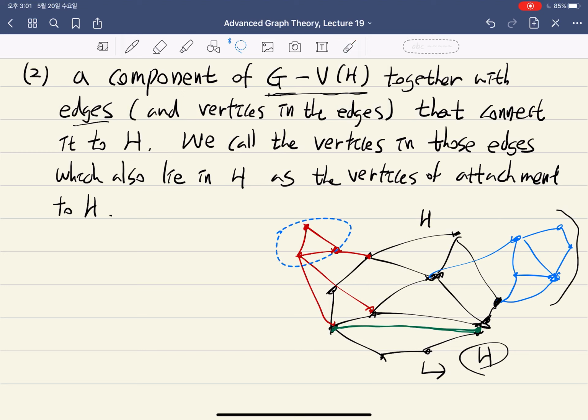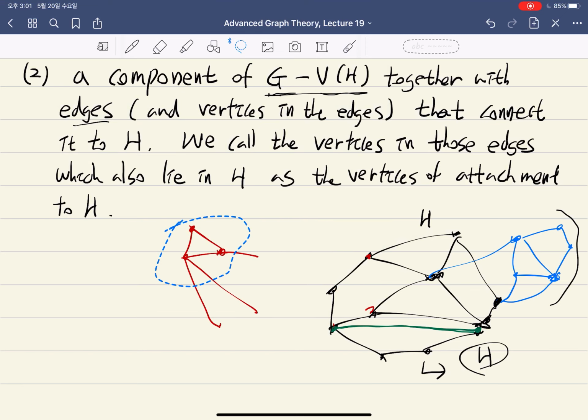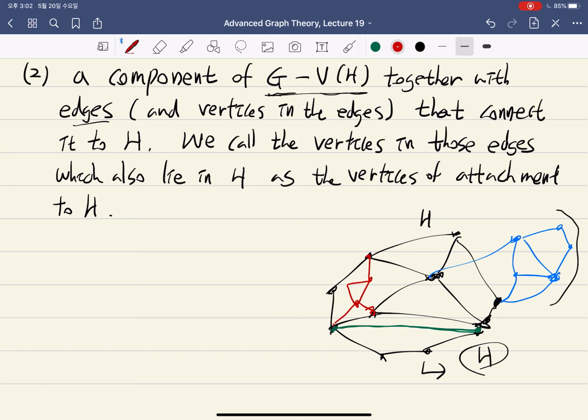So if there is this crossing, in order to eliminate that crossing and embed this in a planar way, the only possible way is that we choose this face and we embed this H fragment inside of this face.